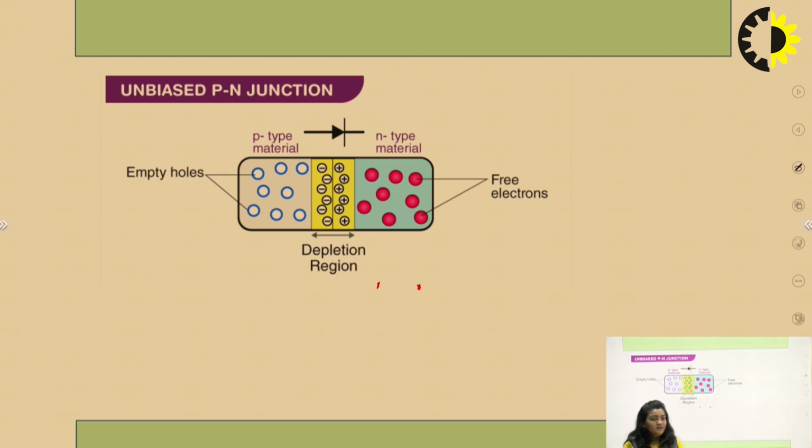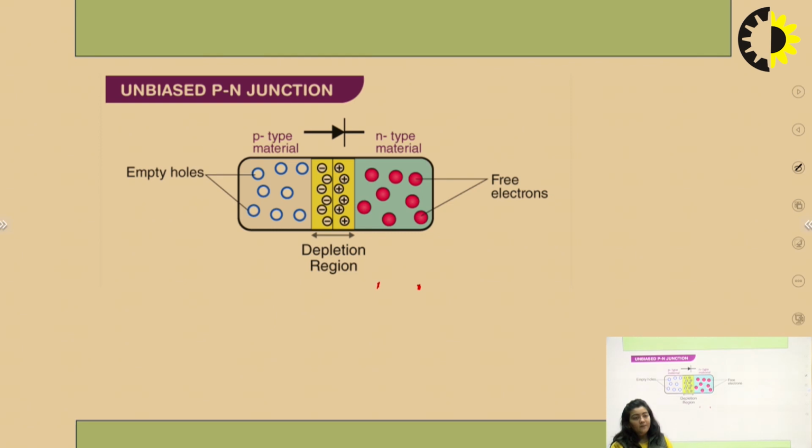So you see that in P type semiconductor the majority carriers are holes, and in N type semiconductor the majority carriers are electrons. Majority carrier means there are a large number of holes present in a P type semiconductor material and a large number of electrons present in an N type semiconductor material.